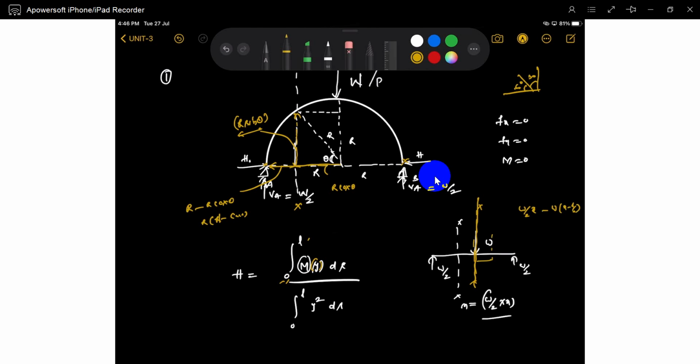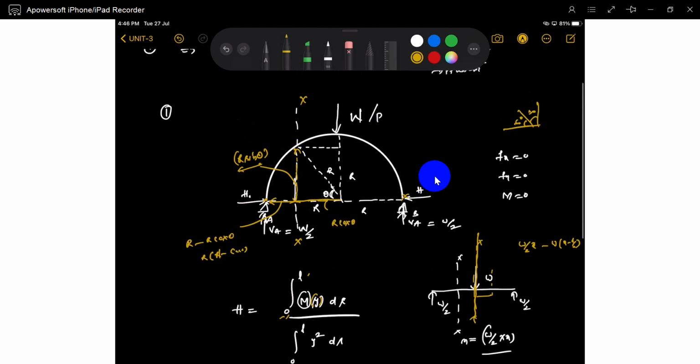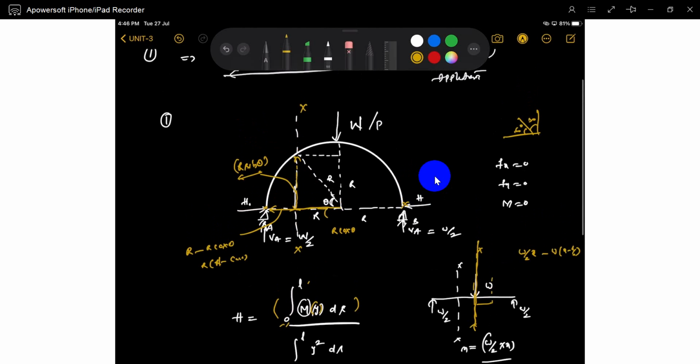But no need to write like this because we get symmetry. It is a symmetry, na? Because it is a strain energy, you can take it like this. Up to this you will get from the right side, and from the left side later on.